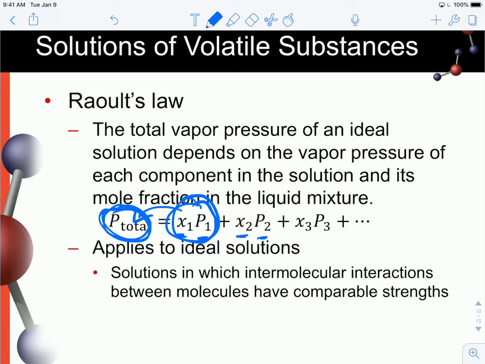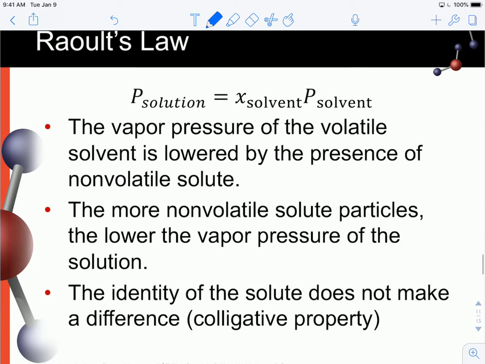You divide this by the total effectively, and you can figure out a ratio of how much of that total vapor pressure is contributed by one of those components. So give that a shot on SmartWork.